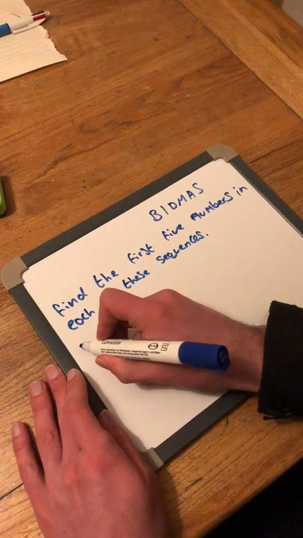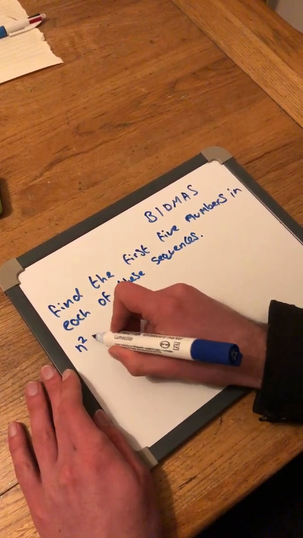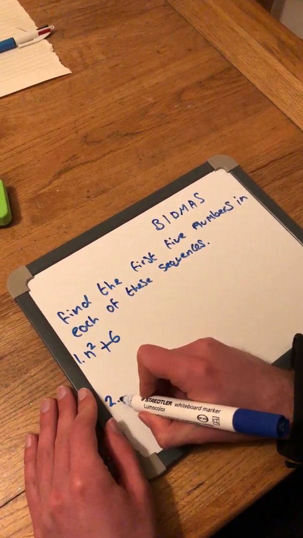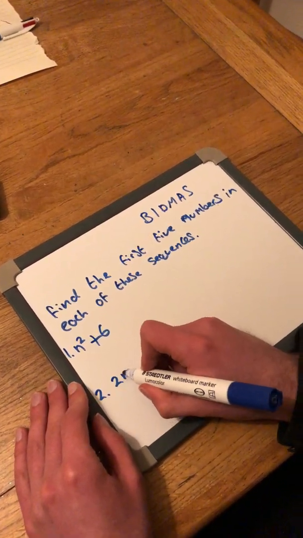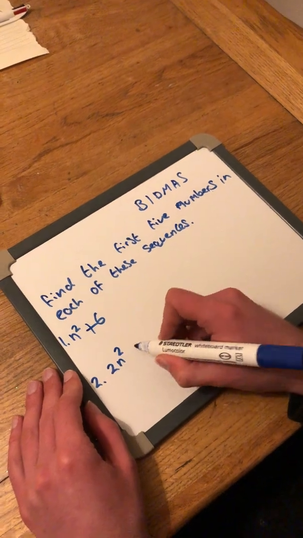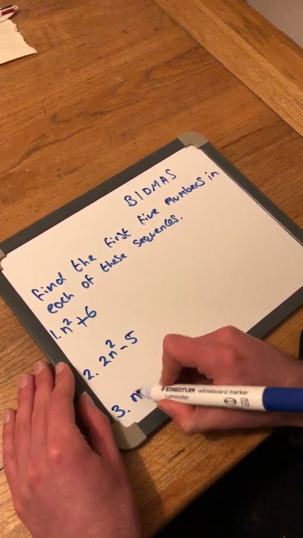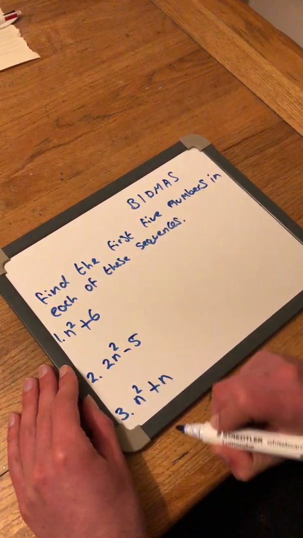So I want it to be n squared plus 6. So write question 1 there. Question 2, 2n squared, subtract 5. And then question 3, n squared plus n.